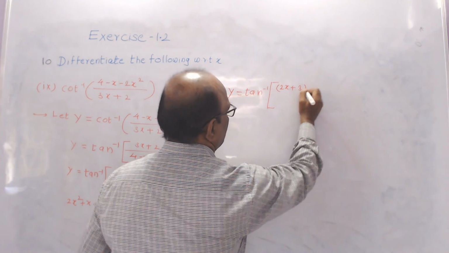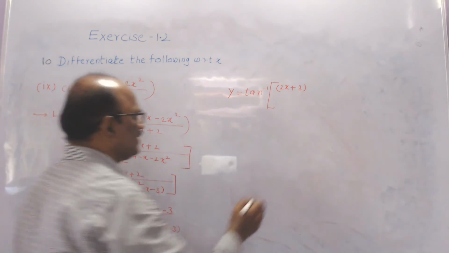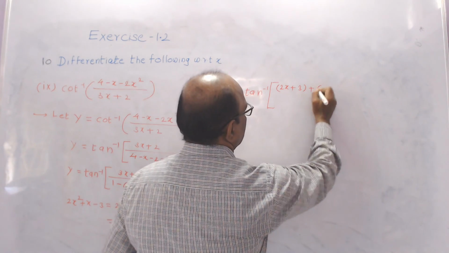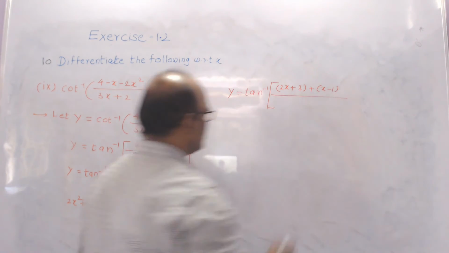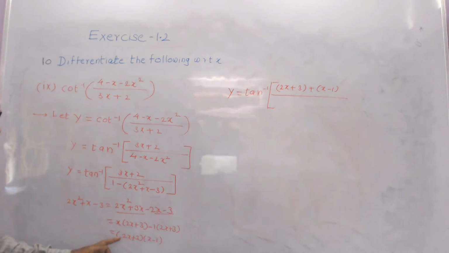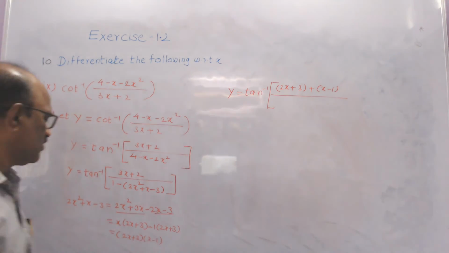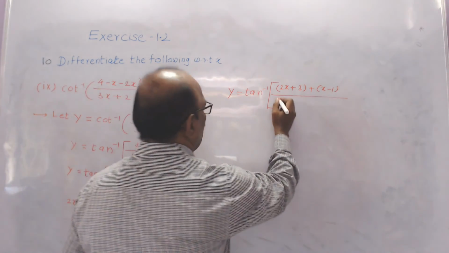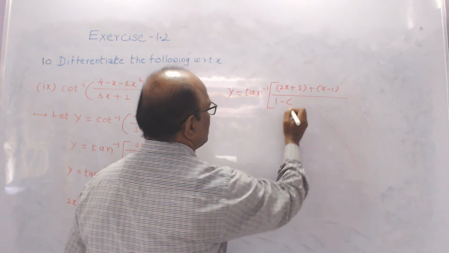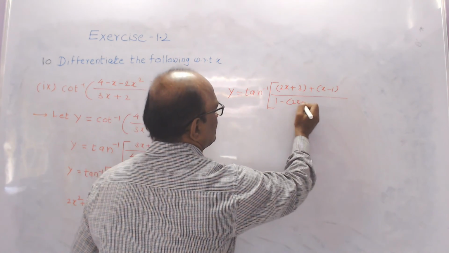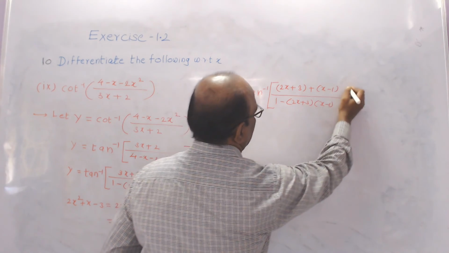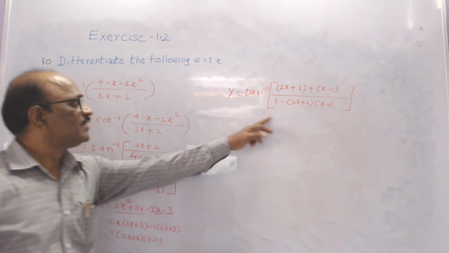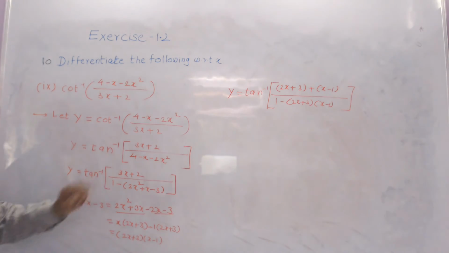This is the first one. And what about the second? The second is plus x minus 1. And this whole is divided by the product of these two, that is 1 minus (2x plus 3) into (x minus 1). If you simplify this, then you will get this.